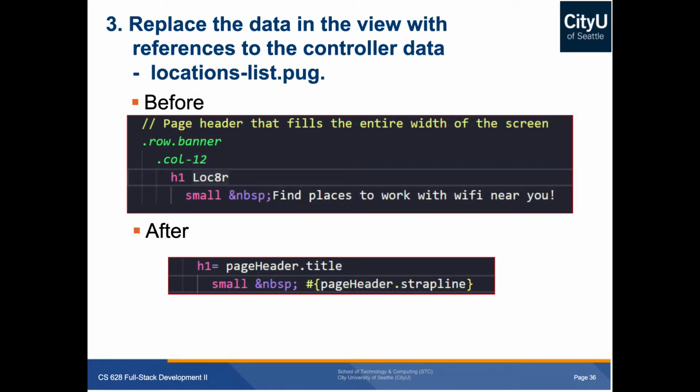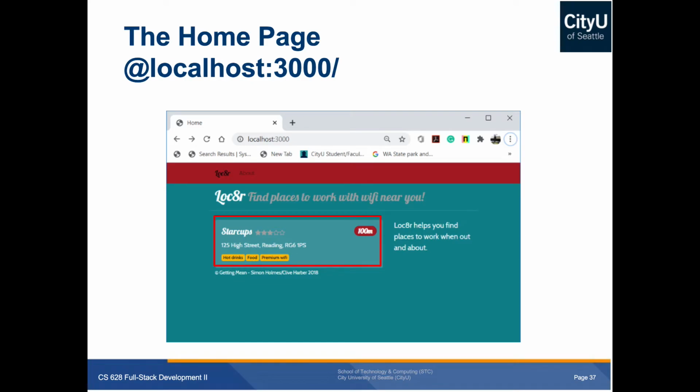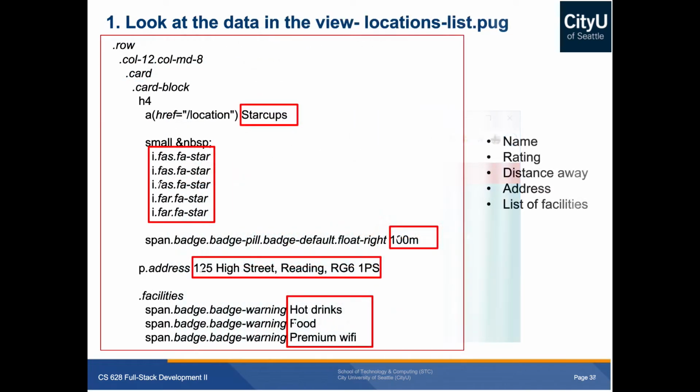Replace the data in the view with references to the controller data, in locations-list.pug. Instead of the hard-coded 'Find places to work with Wi-Fi near you', we change it to an escaped string interpolation with a hashtag and curly braces, and pageHeader to access the nested object with the strapline. You should get this view.